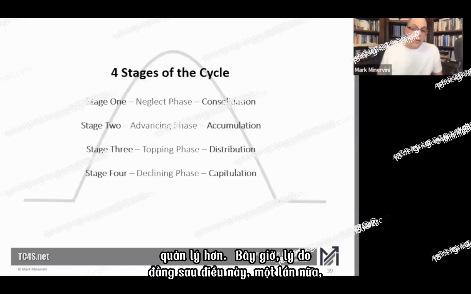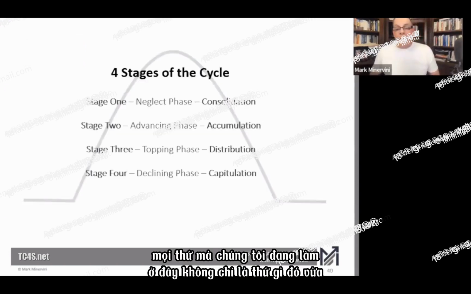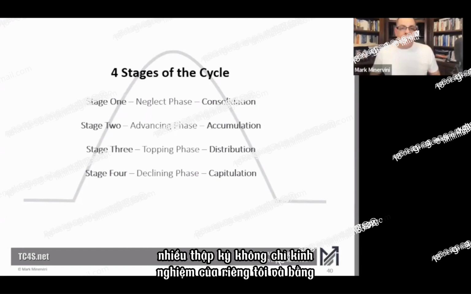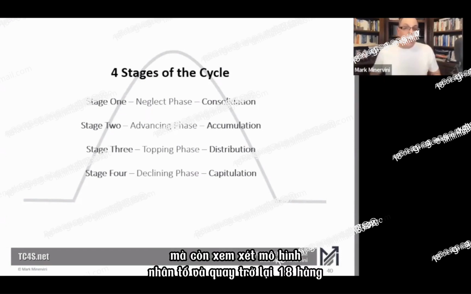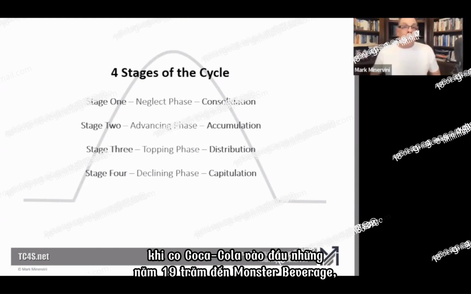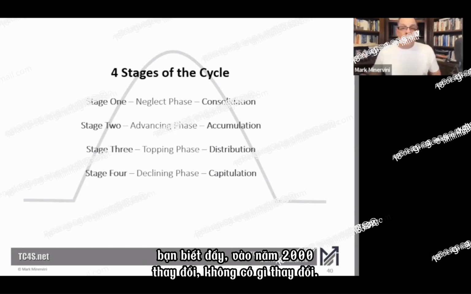Now, the reason behind this, again, everything we're doing here is not something that just came off the top of our head. This is all based on many, many decades of not only my own experience and anecdotal evidence and scientific evidence in real time, but also factor modeling going all the way back to the 1800s to see that the same thing was happening, from Coca-Cola in the early 1900s to Monster Beverage in 2000.